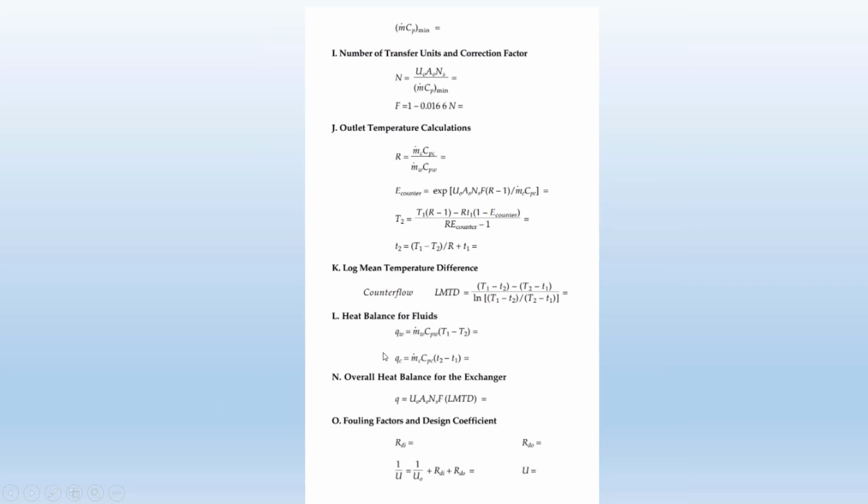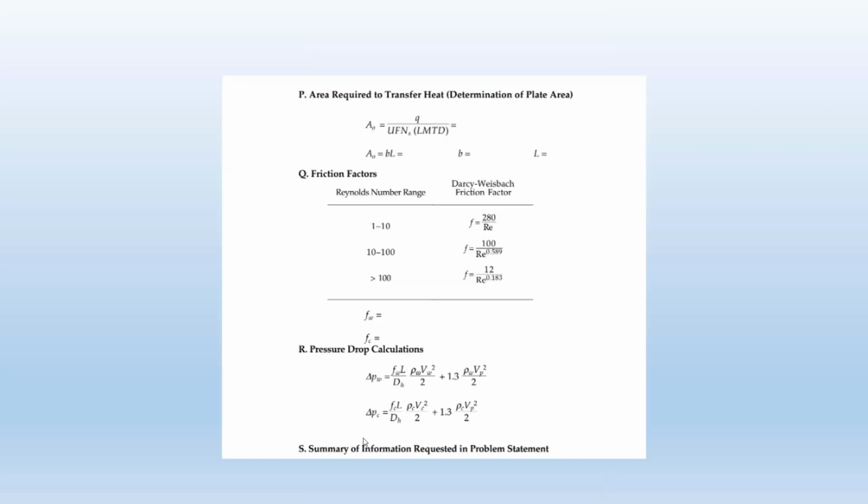Then you need to make sure that there is a heat balance in the heat exchanger, and then you can use the fouling factors to calculate the overall heat transfer coefficient and temperatures. And then eventually you need to calculate the pressure drop, and you need to make sure that the pressure drop is less than 70 kilopascal.